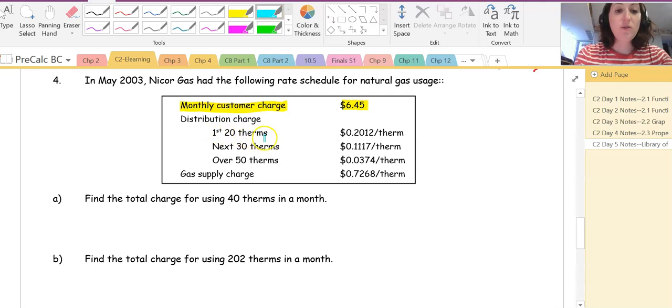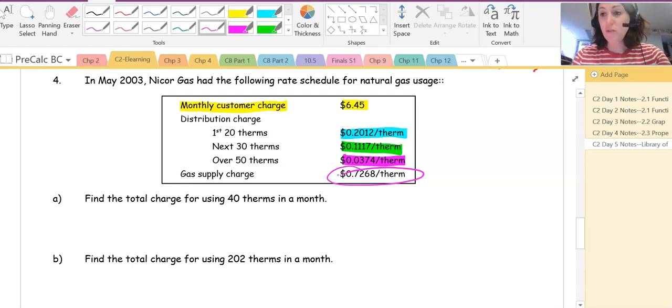For the first 20 therms, you're paying that amount. For the next 30 therms, you're paying this amount. And then for anything over 50 therms, you're paying this amount. You are also paying a gas supply charge at this amount per therm.